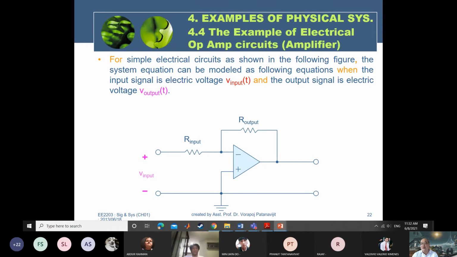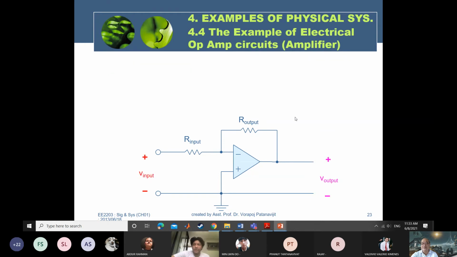For the simple electrical circuit shown in the following figure, the system equations can be modeled as the following equations, when the input signal is an electric voltage and the output signal is another electric voltage. Here the input is V input, and the output is V output. You would like to find the relationship between them. In this case, the operational amplifier performs amplification depending on the values of these two resistors.